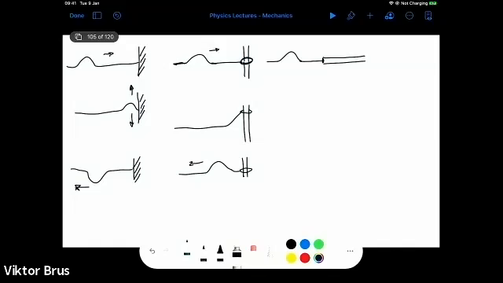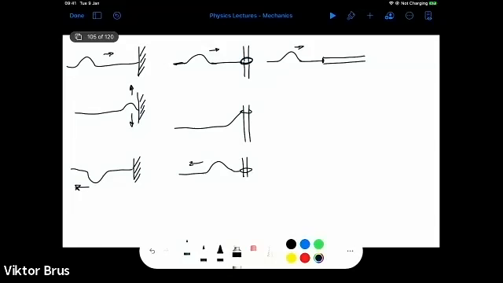Then we will actually have two effects. First of all, there will be reflection, which we already considered, but not all the energy of the original pulse will be reflected. Some energy will be transmitted, and this will look as follows.